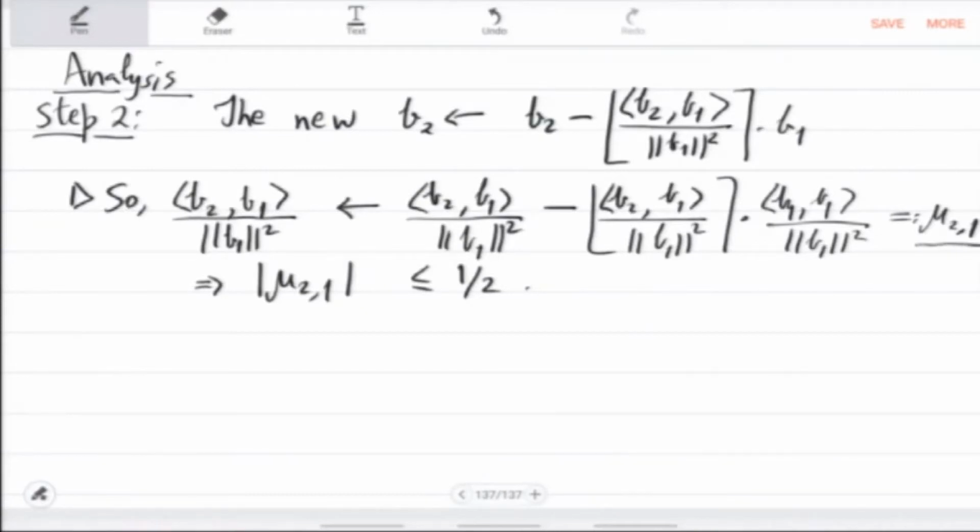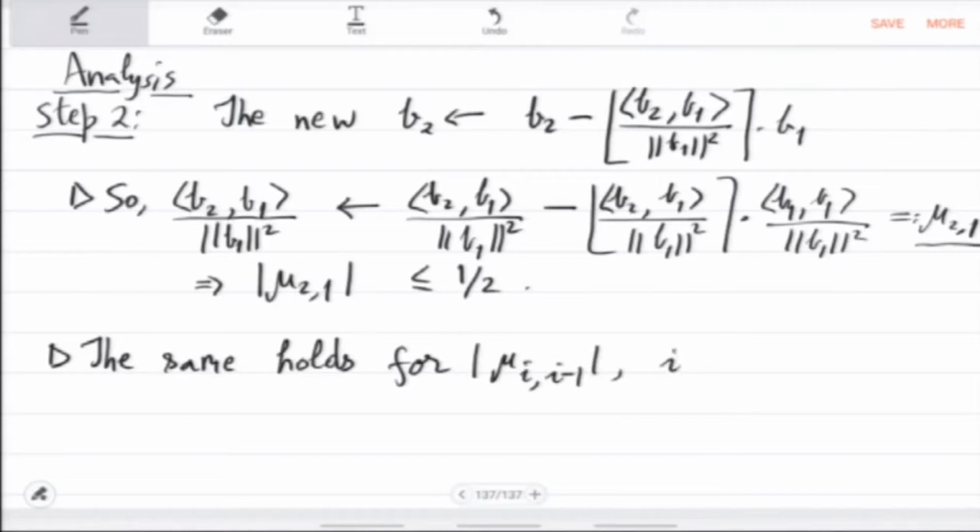And so on. So what step 2 ensures is that mu ij is at most half in magnitude, for mu i, i minus 1 as well.